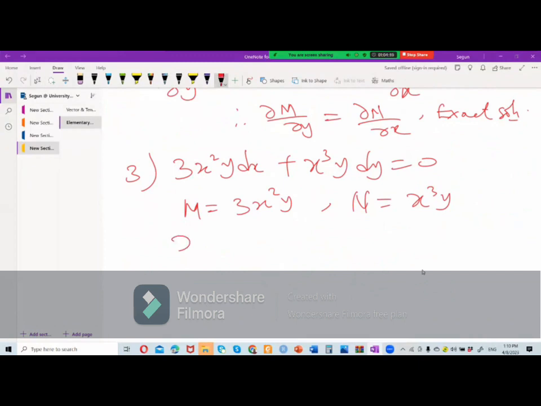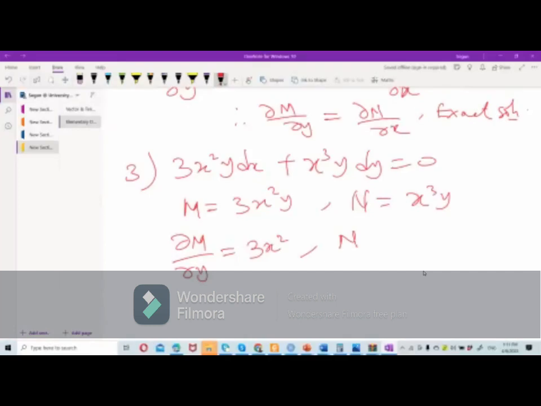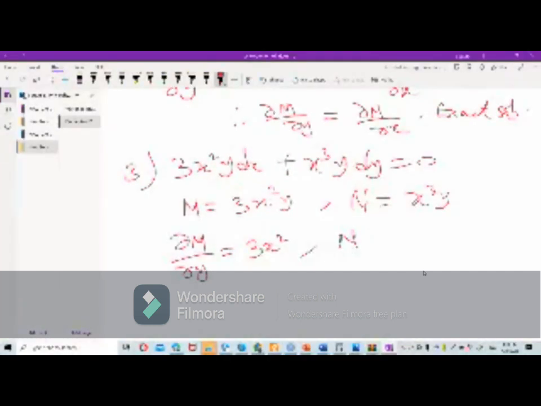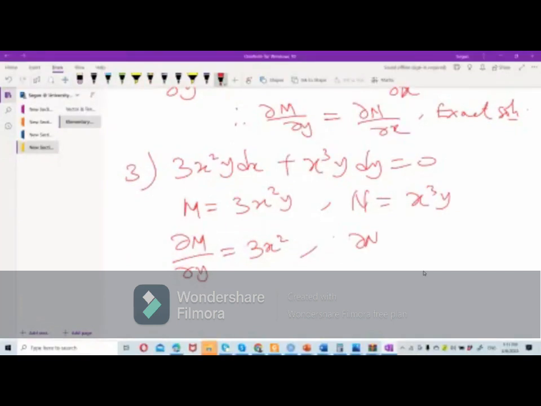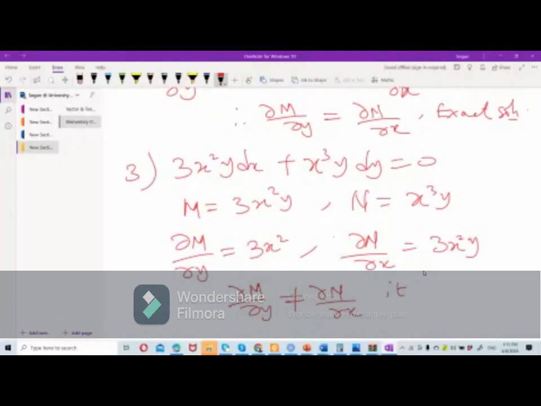So here we have the m dy, which is 3x squared, and here we have the n dx, which is 3x squared y. So you can see the m dy is not equal to the n dx, so it is not exact.